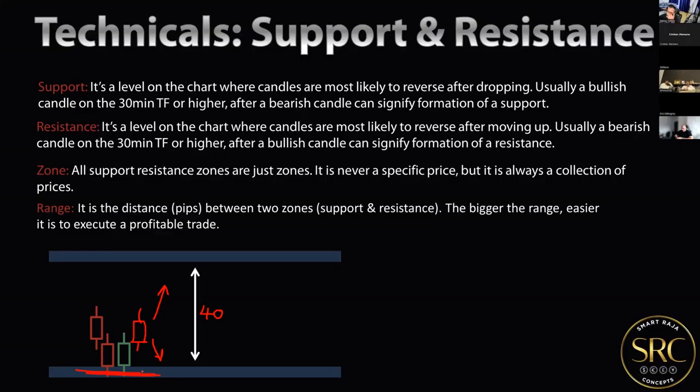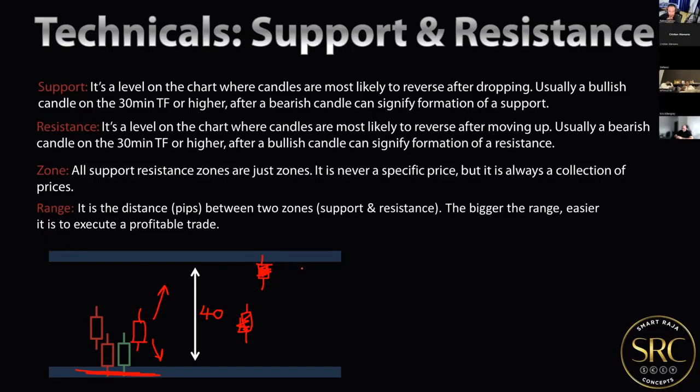Let me ask you another question. Is it safer to take a buy from support, or is it safer to take a buy in the middle of a range? It's safer to take a buy from support. At the same time, is it safer to take a sell from resistance, versus a sell from the middle of a range?